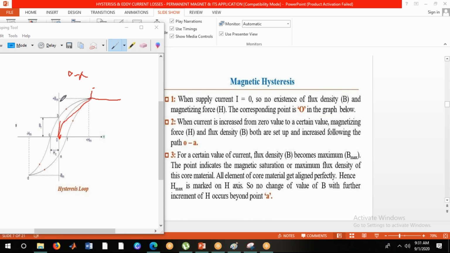Bm is nothing but the maximum flux density, అంటే maximum అనేది ఎప్పుడు అంటామంటే that is the final value, after which it won't react. ఓకేనా. సో ఫైనల్ వాల్యూ ఉండేదాన్ని maximum అంటారు. This point indicates magnetic saturation, and all elements of the core material get aligned perfectly. Hence Hm is marked on the H axis. So at point A the diagram denotes Bm and Hm.